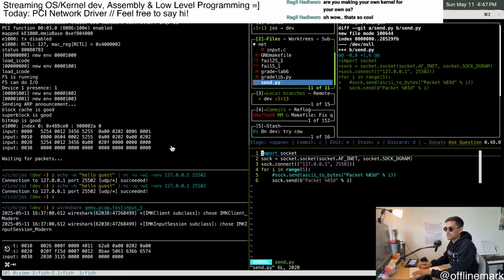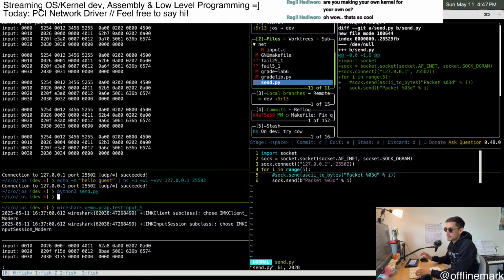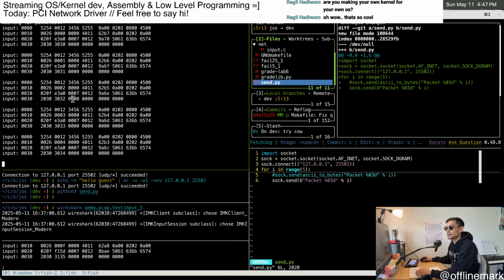And we have my handy little script here, and it's doing pretty much the exact same thing. It's sending 5 things. So if I go ahead and do python3 send.py, we can see that it kind of worked. It sent a bunch of stuff into the OS, which was received here.